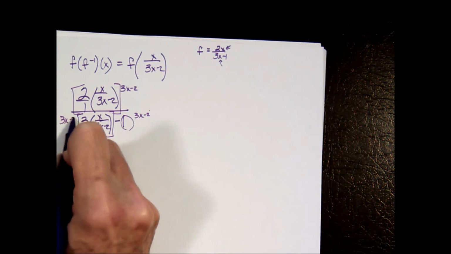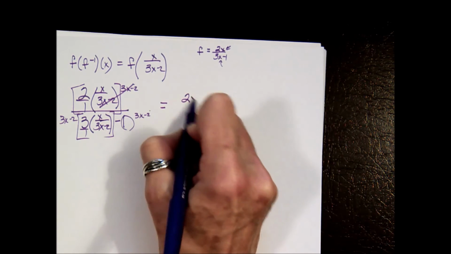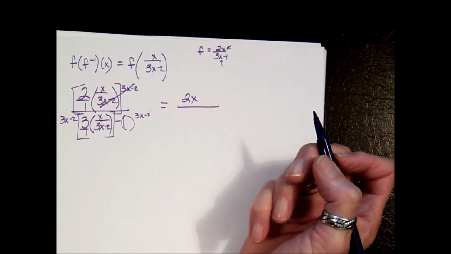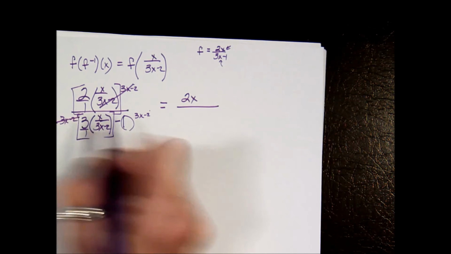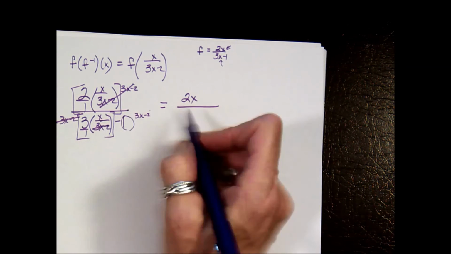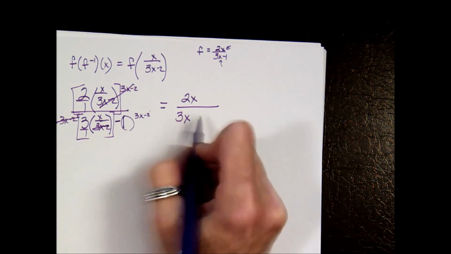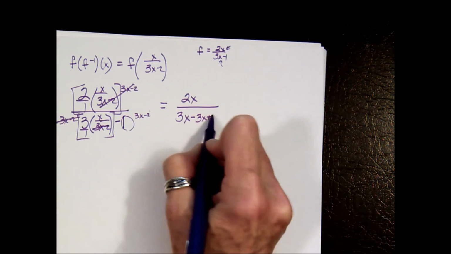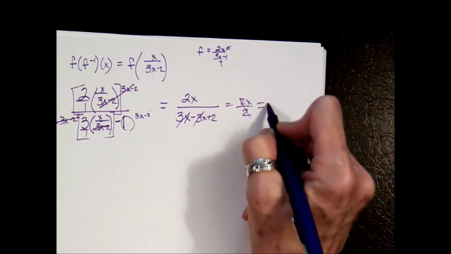That cross cancels, and I'm left with a 2x in the numerator. And then in the denominator, this cross cancels this, and I'm left with a 3x. Now distribute the negative 1, minus 3x plus 2, which is 2x over 2, which is x. It checked in that direction.